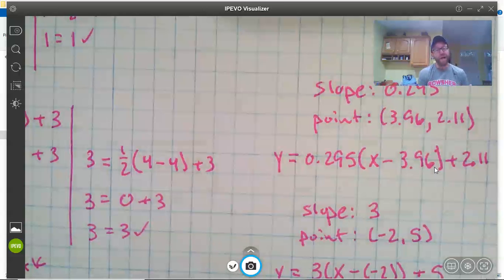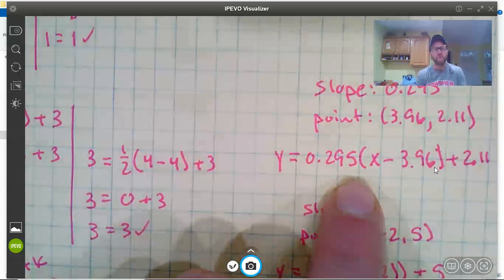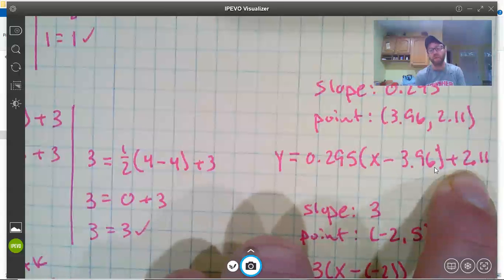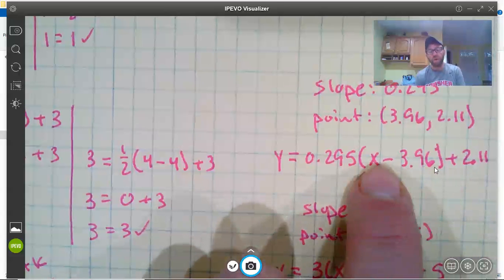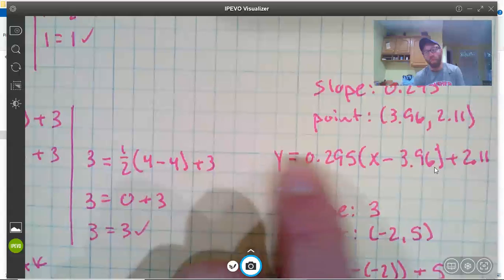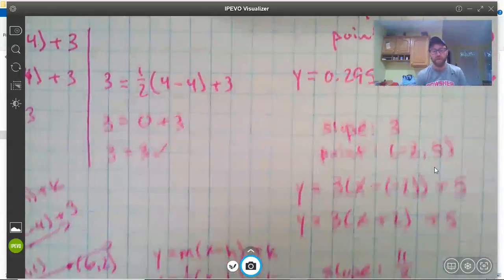The numbers don't have to be pretty, and you need to be able to look at an equation like this and go, oh, you know what? That's slope, that's x-coordinate, that's y-coordinate. And you need to be able to work with an equation like this. Plug in an x, output a y. Plug in a y, solve for x. So good to practice with those.